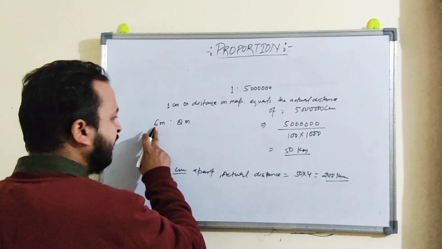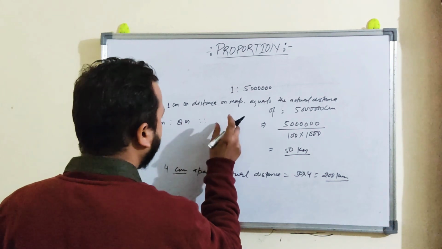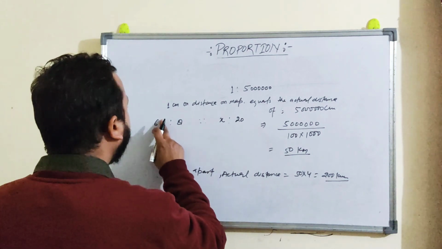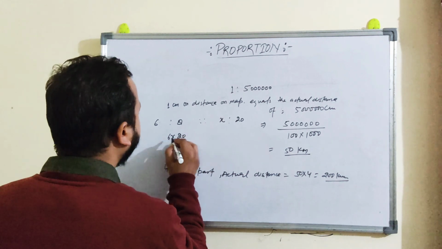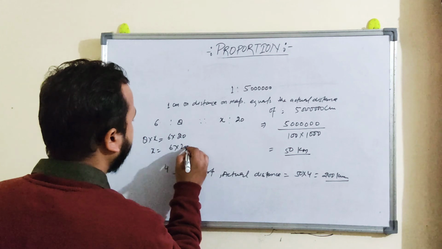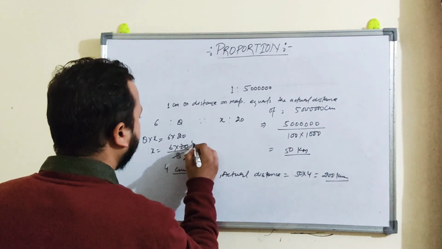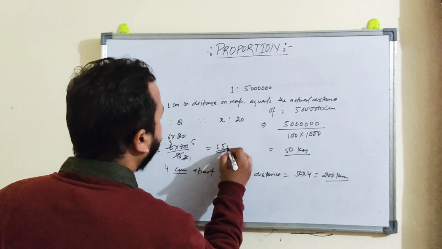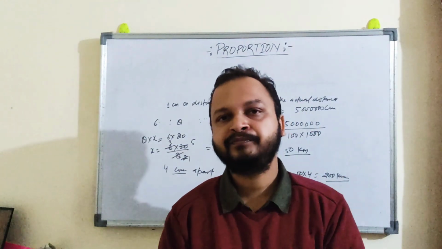You also take the actual height of the pole, which you have to find out, and its shadow is 20. Product of extremes equals product of means, so 6 into 20 is equal to 8 into x. So x is equal to 6 into 20 divided by 8, which is 15 meters. So the height of the pole is 15 meter.